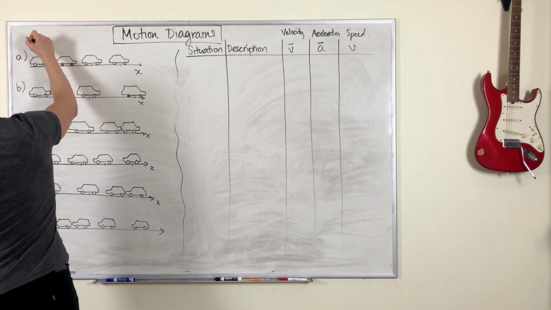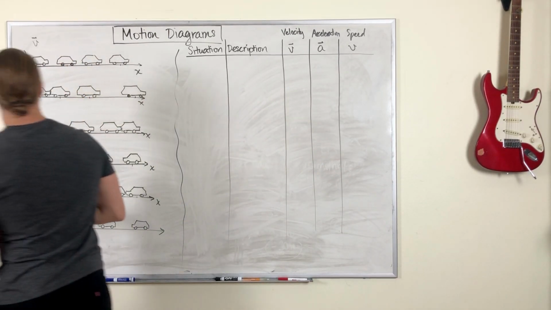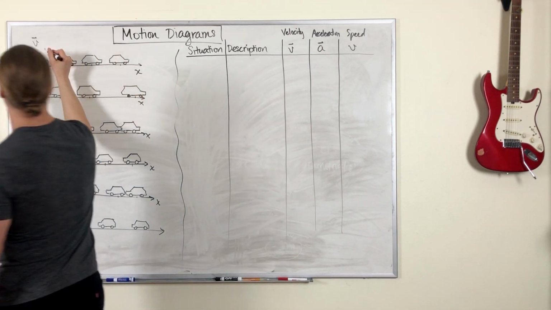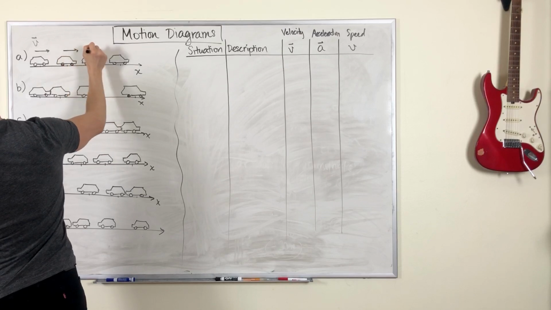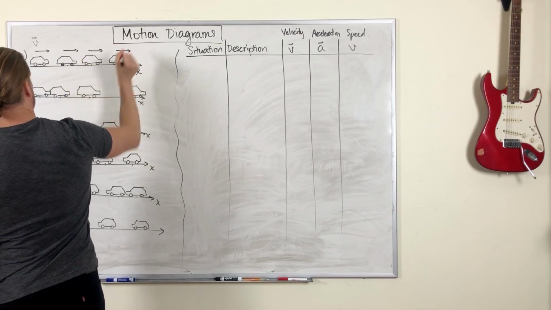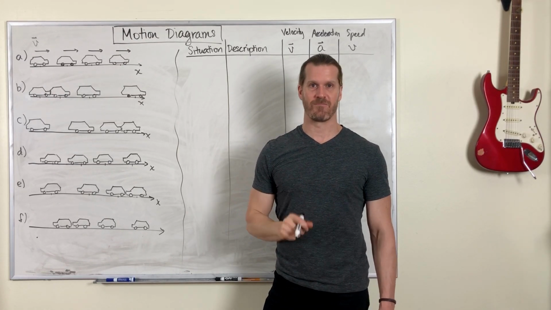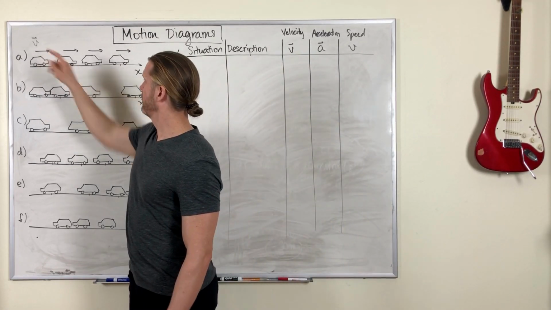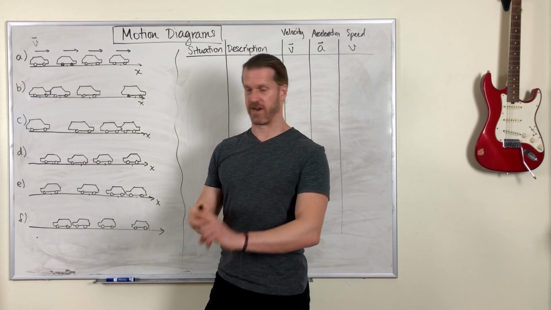So for picture A, if I draw the velocity vectors for the car at each instant in time, those velocity vectors all look the same. So these vectors represent the car's speed and direction.